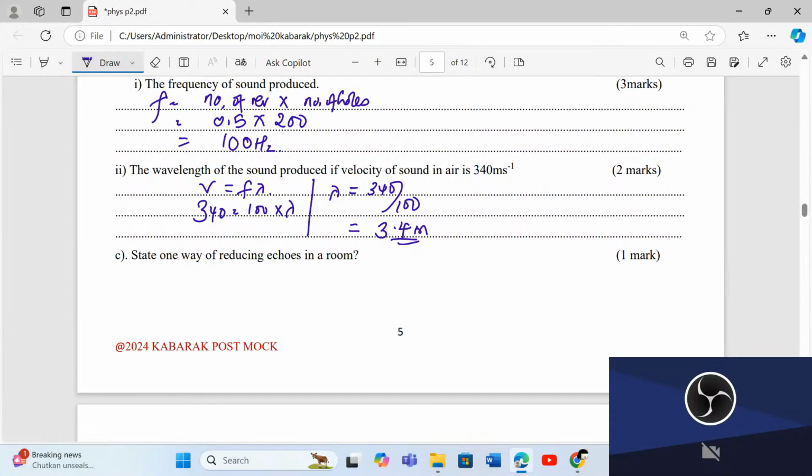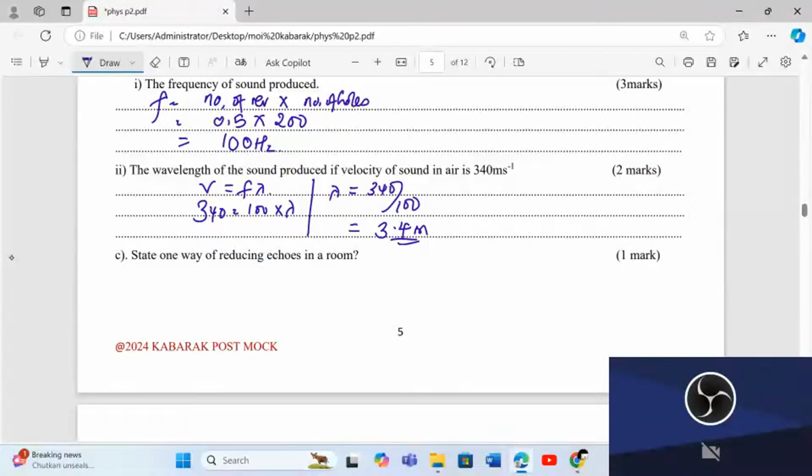State one way of reducing echoes in a room. This is called the effect of reverberation in a house or in a room. And this one can be reduced by using materials on the walls that absorb sound.